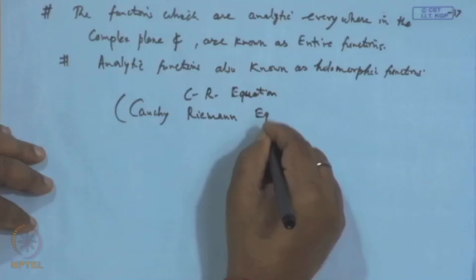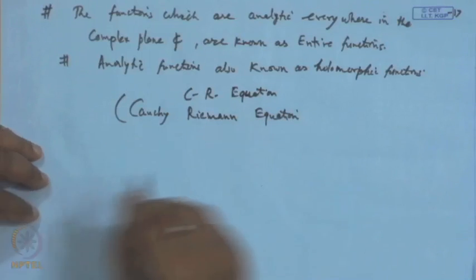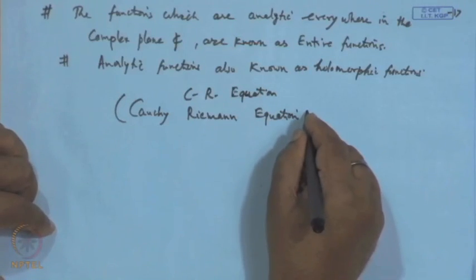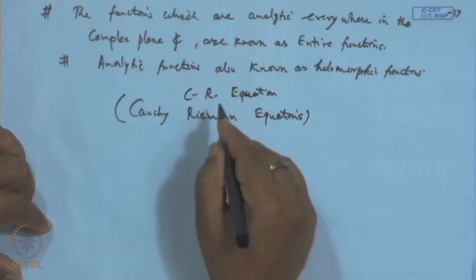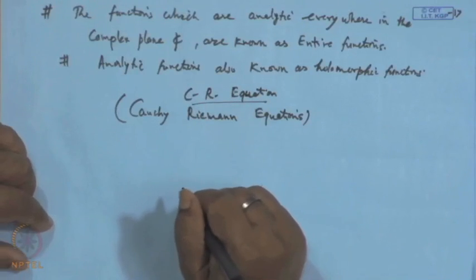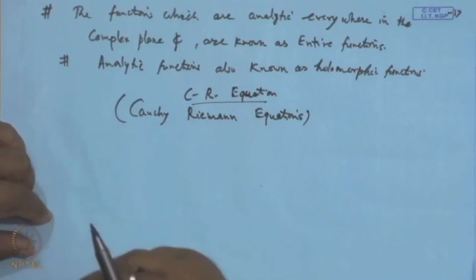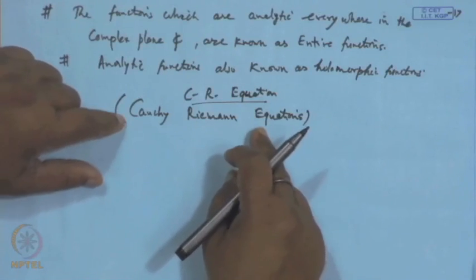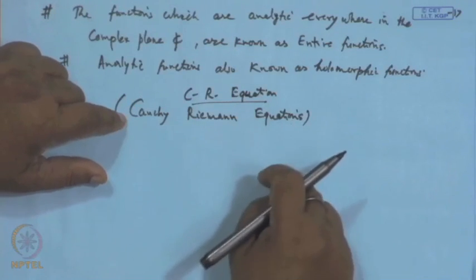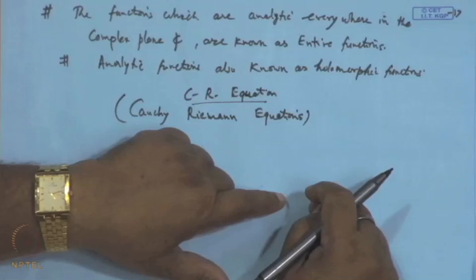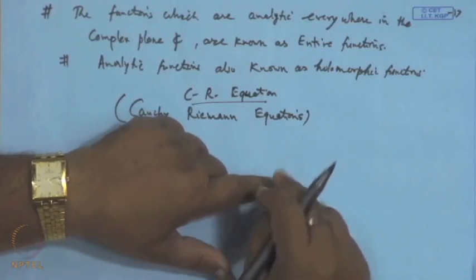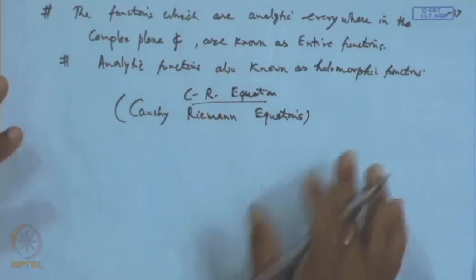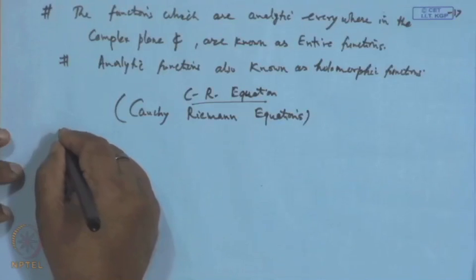In fact, they are given by Cauchy and Riemann, and the equations are in the form of partial derivatives of the functions u and v which satisfy certain conditions. This Cauchy-Riemann equation comes out when we go for the necessary condition for the differentiability of the function, or analyticity of the function. So, let us see the result.